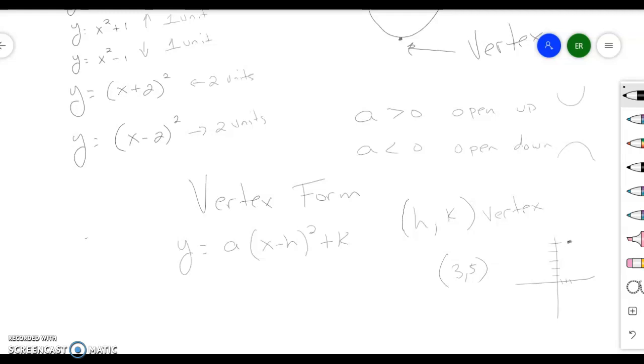If the vertex has been moved 3 units to the right and up 5, then my vertex coordinates would be 3, 5. If I plug that value into this equation, I'm just going to replace this h with a 3, and this k with a 5. So notice that now this says minus 3 when my vertex coordinate for the x value is actually positive 3.